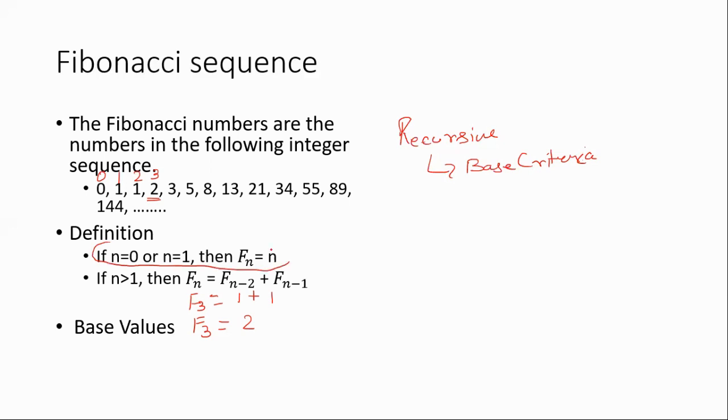If n is equal to 1 or n is equal to 0, then f(n) is equal to n, so this is considered to be the base criteria. Any given number, we'll try to bring it down to 0 and 1 so that we can continue our work. Okay, so that's a base value. 0 and 1 are the base values for us.